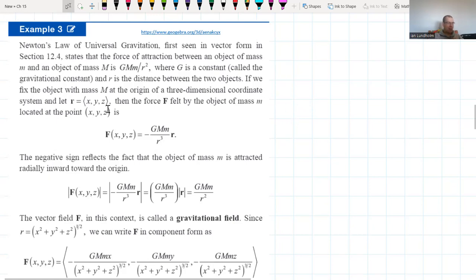One thing I want to highlight is that they've introduced the notation of letting a bold r be the vector xyz. That's not something I'm going to do too frequently because we use r for a ton of things in this class, and I don't want to introduce another one, but this is just shorthand for the vector xyz.